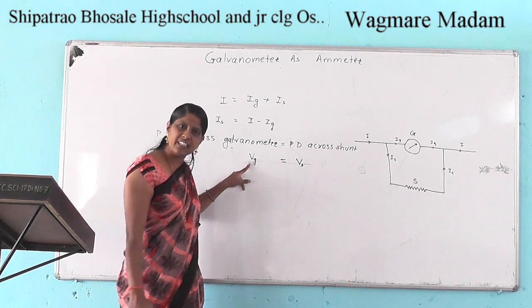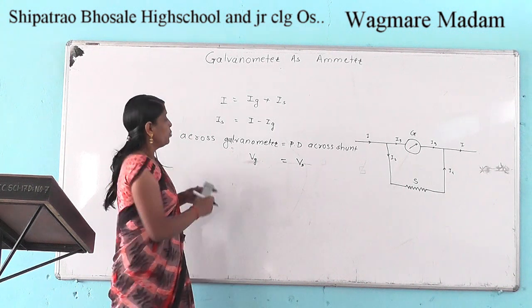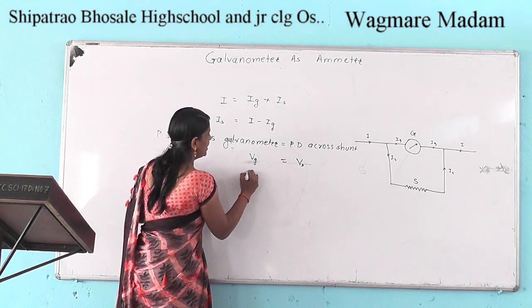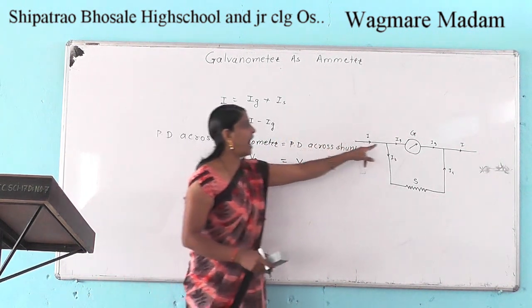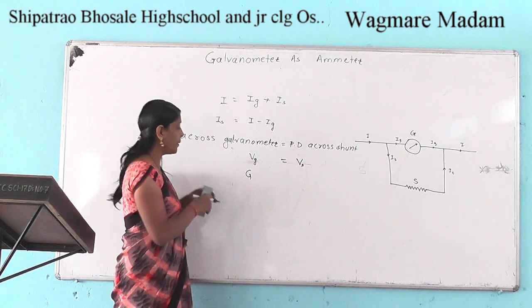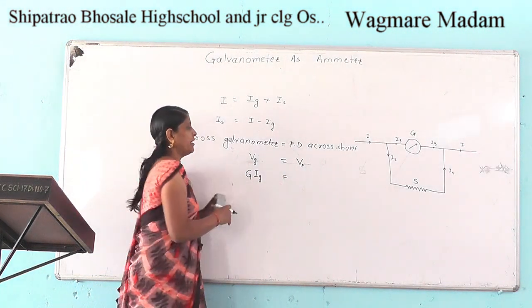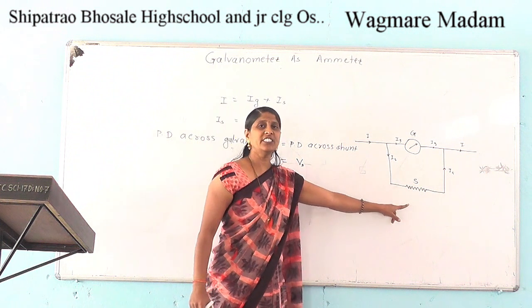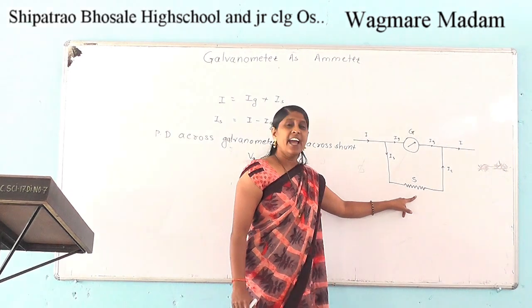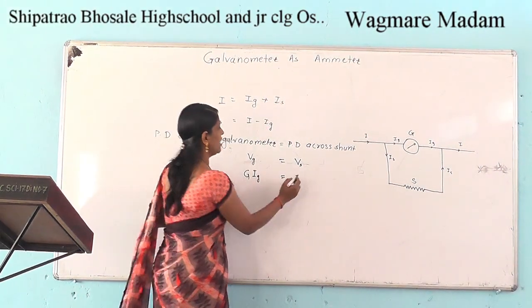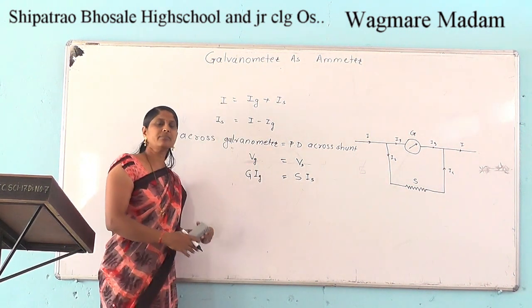We know potential difference is the product of current and resistance. Therefore, we can write here G is the resistance of the galvanometer and Ig is the current passing through the galvanometer, therefore G into Ig. And the potential difference across the shunt is the product of the current passing through the shunt and the resistance S. Therefore, we can write S into Is.